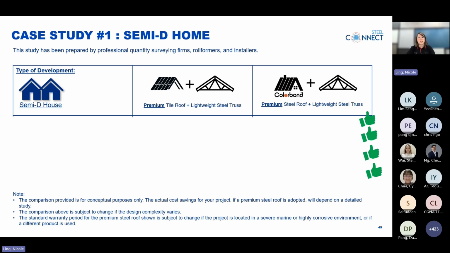It reduces the truss installation work by 25% and reduces roofing installation by 50%. Faster installation means reduced weather risk, improved scheduling certainty, and translates directly into cost. In construction, time is money.